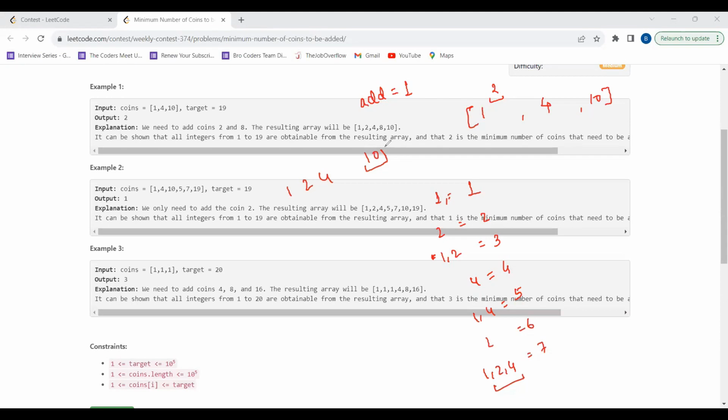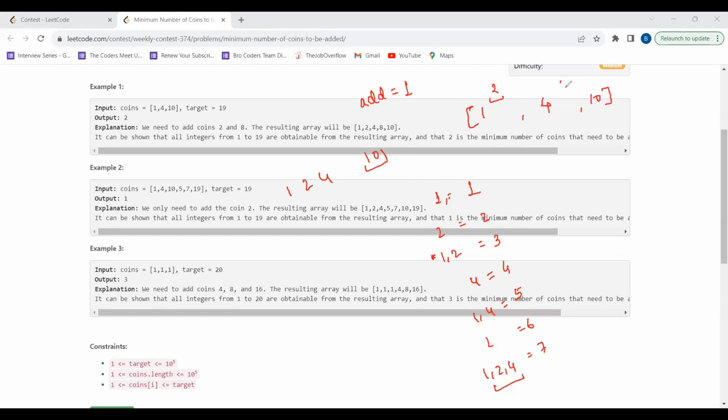I hope that's clear. The maximum sum we can get with 1, 2 and 4 is 7 itself. We can't get beyond 7 and we want to get 8, so it's not possible. We'll have to inject 8 into our array.